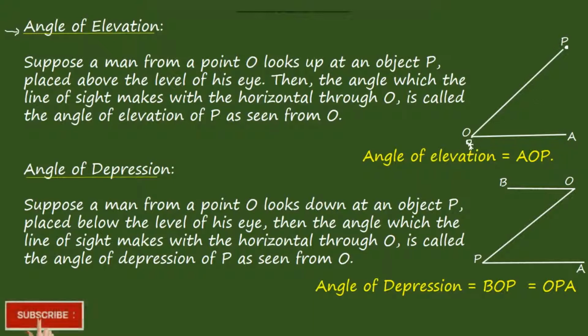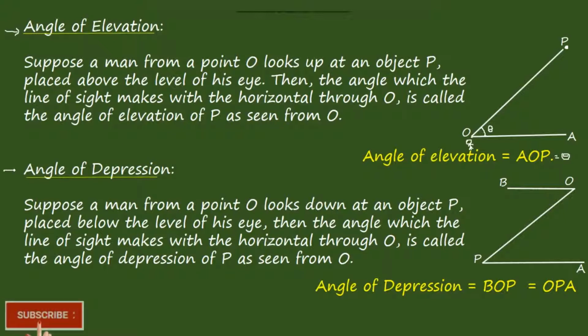And the person would be standing on a ground or a base, then this particular angle forms an angle theta, which is nothing but angle of elevation. Same thing is written here. Suppose a man from a point O looks above at the object P, placed above the level of his eye, then the angle which a straight line makes with the horizontal through O is called the angle of elevation of P seen from O.